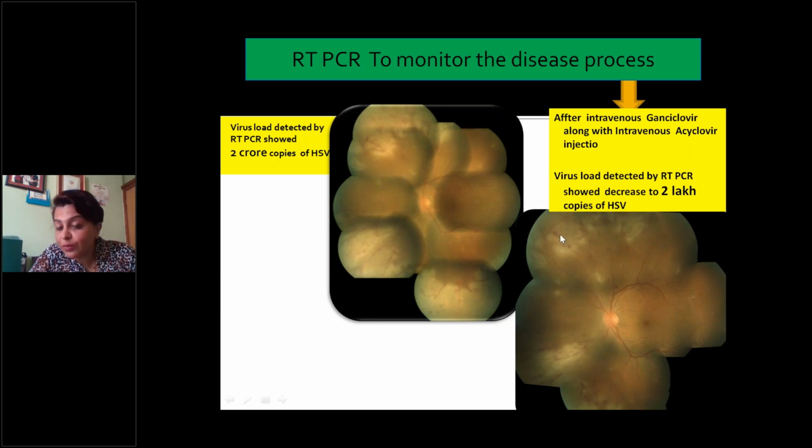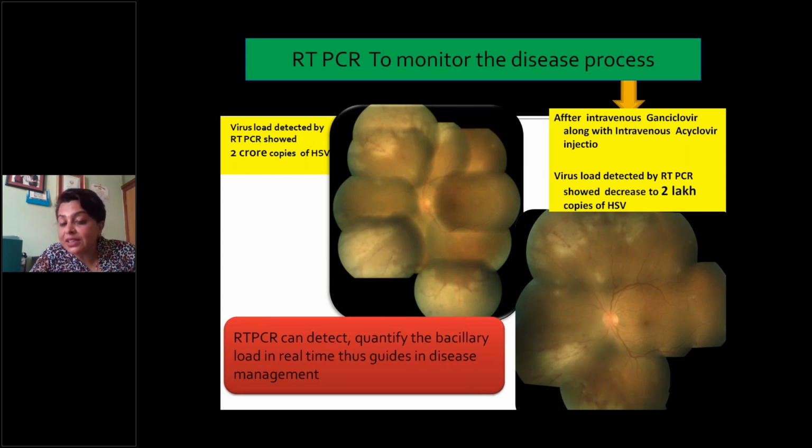With the treatment, you could see that there is peripheral clearing of the necrotic area, and the repeat PCR showed that it had decreased to 2 lakhs. That's why the real-time PCR can detect and quantify the load in real time. Thus, it is a good guide for us for disease management.